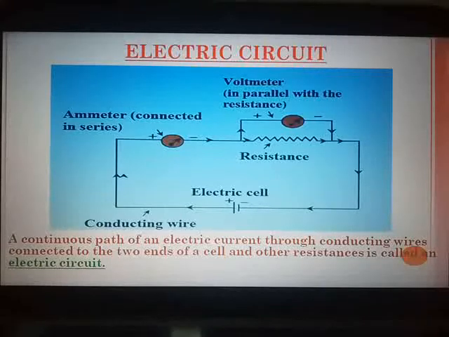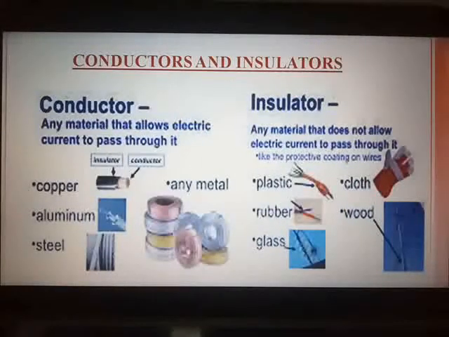But as I have told you, page number 36, that chart you just go through, not before the exam but after the exam in the Diwali vacation, because that chart is extremely important for this topic from physics. Our next topic is about conductors and insulators. In the beginning only I had told you about conductors.